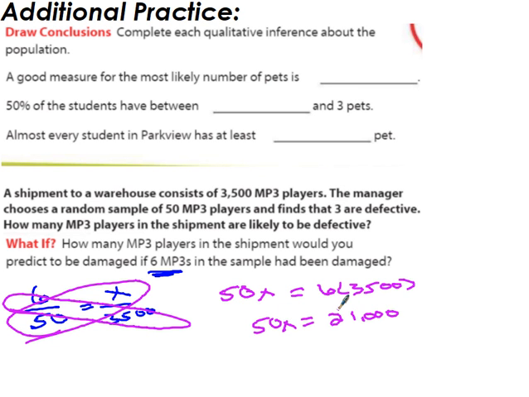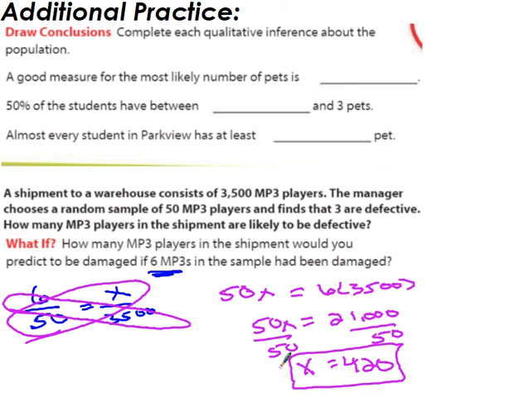Now I know a lot of you guys took a shortcut on here, but this is for the people who didn't take the shortcut. And I'll show you the shortcut after we finish it. Now I get to divide both sides by 50 to get x by itself. And I get 420. I just want to show you the long way so we can see that process again.